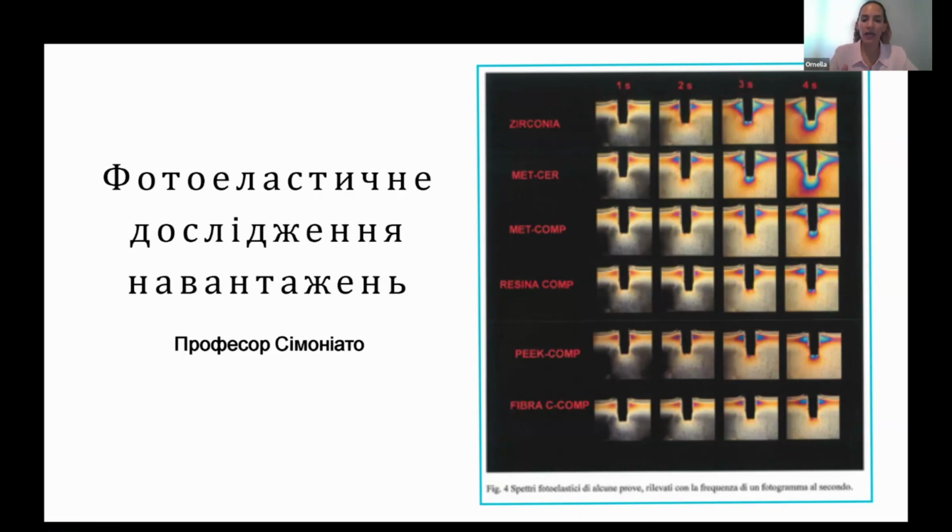When we start going down, mixing different materials, like for example metal composite or resin composite, we can see that this transfer of forces goes down. Then we also have other materials that are more biomechanical, for example PEEK composite, or in our case carbon fiber composite.